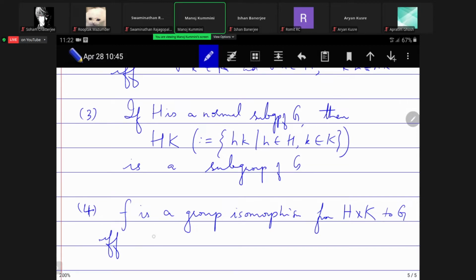That's the first condition. And this product HK is G, and K and H are normal subgroups.